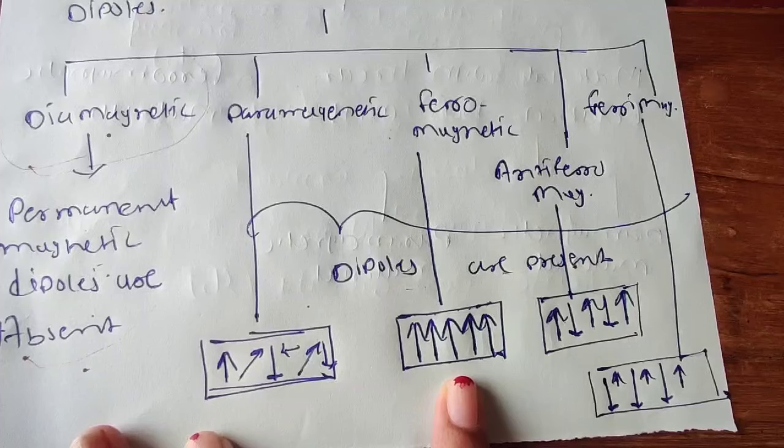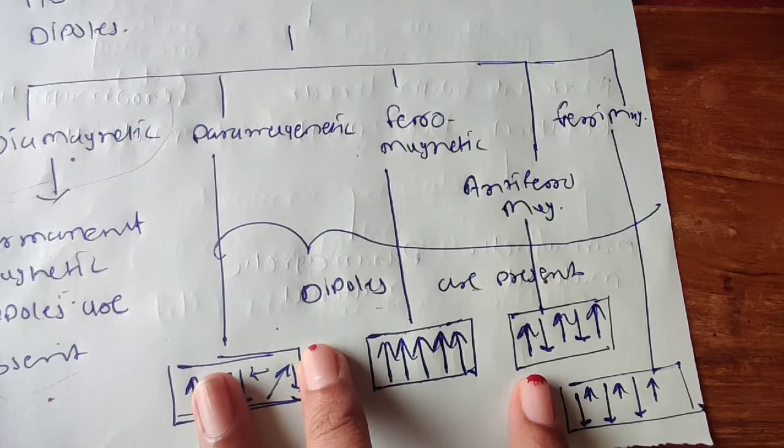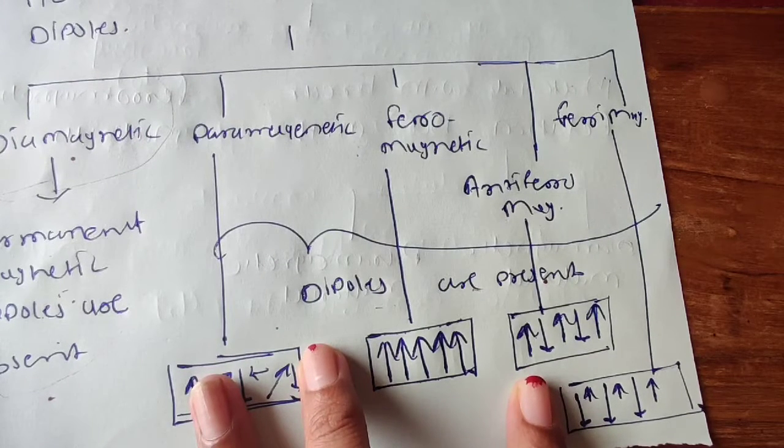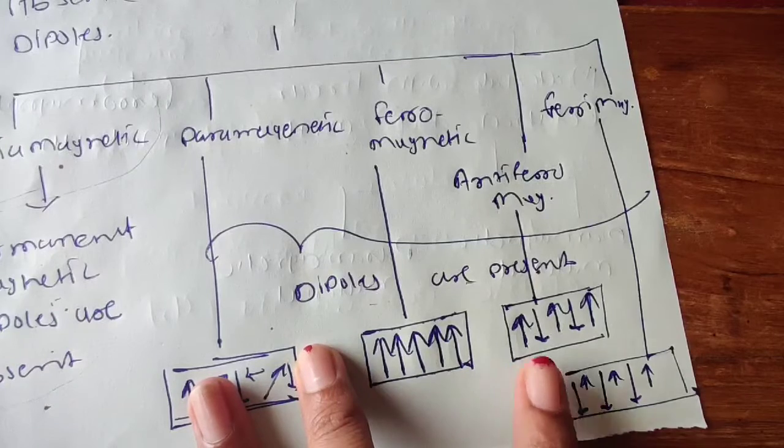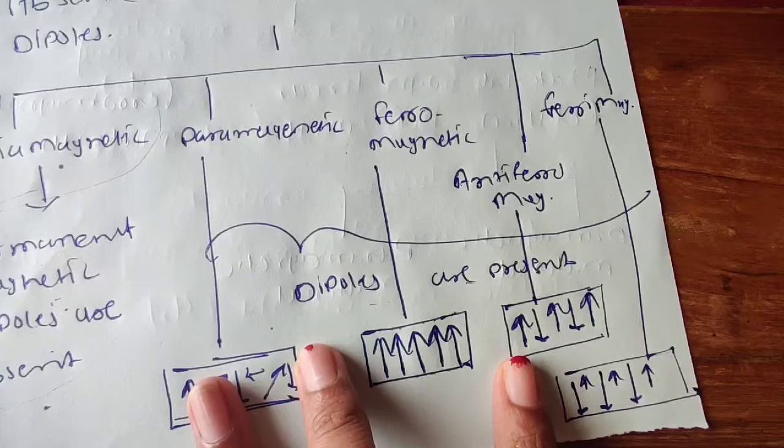The ferromagnetic material has a strong interatomic interaction, due to which it exhibits ordered magnetism. Now the third one, antiferromagnetic material. Here the neighboring dipole moments are aligned anti-parallel. This is called parallel, this is called anti-parallel moment.